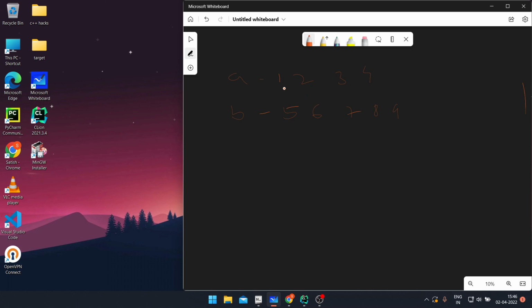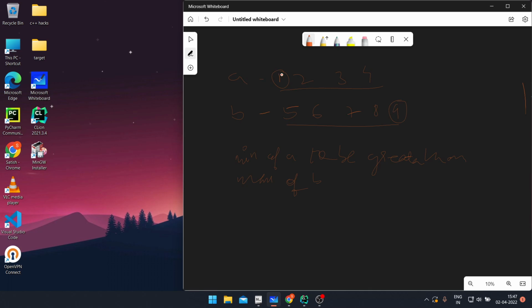The author wants the minimum of array A to be greater than or equal to the maximum of array B. So the minimum is 1, the maximum is 9. 1 should be greater than 9, but obviously incrementing 1 to 2 will still be less than 9.